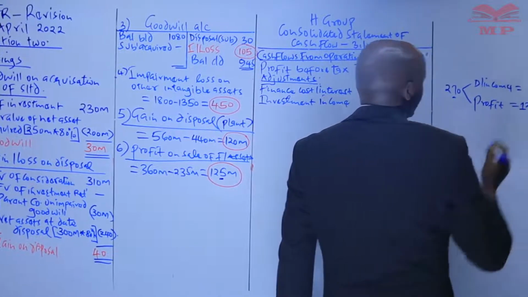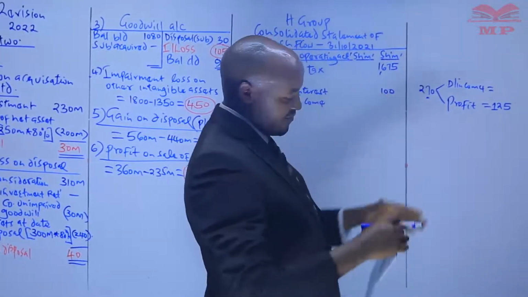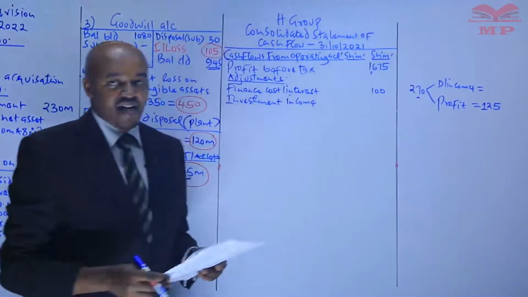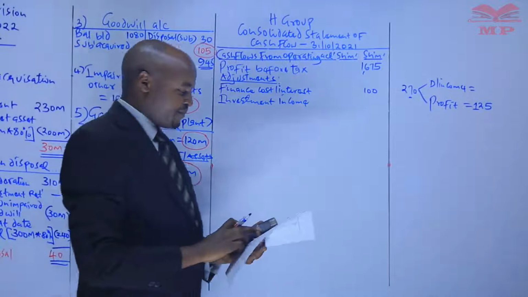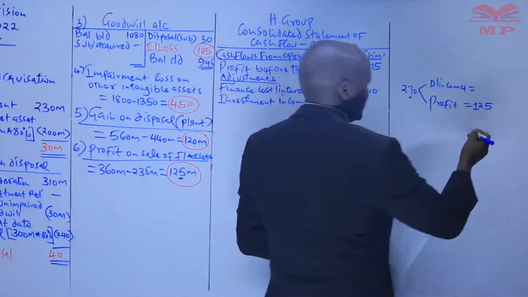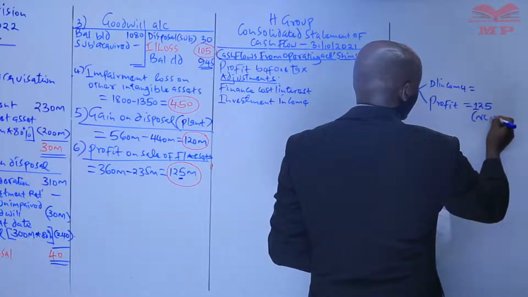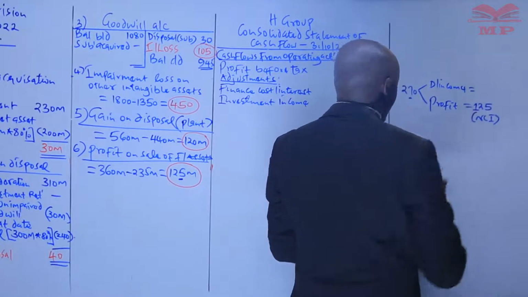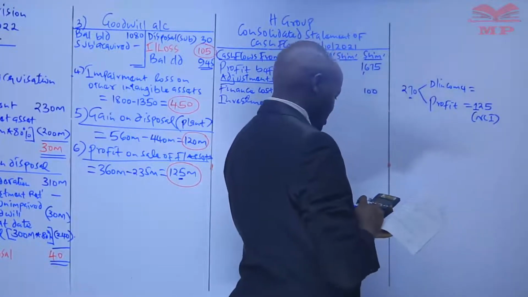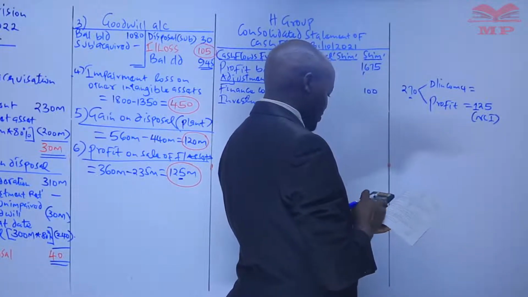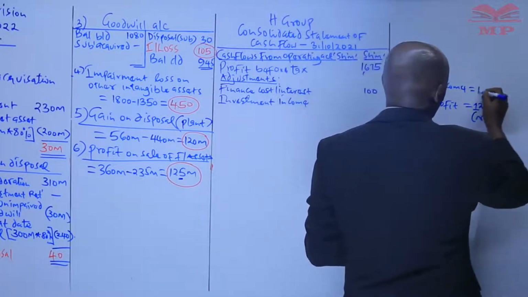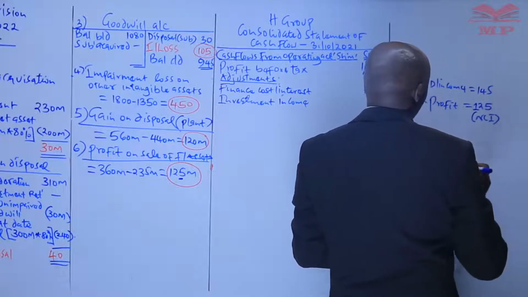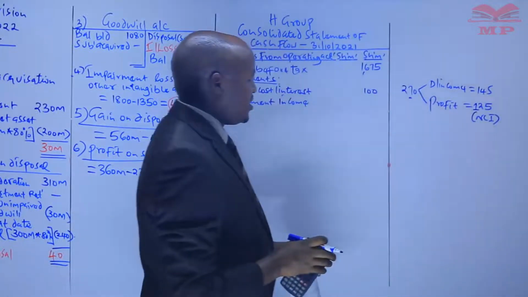So basically what that means is that this investment income, which is in the income statement, comprises those two items. It comprises the profit, and this profit, we know that this is a non-cash item. What about the dividend income? Dividend income in this case will be 270 minus 125, and this will give us 145. So this is the dividend income.